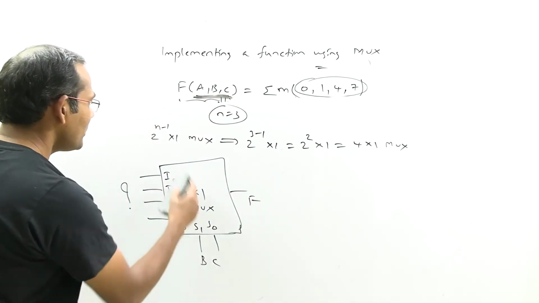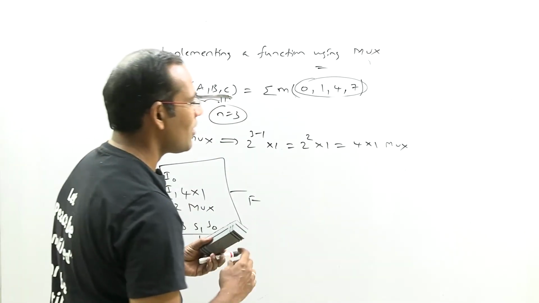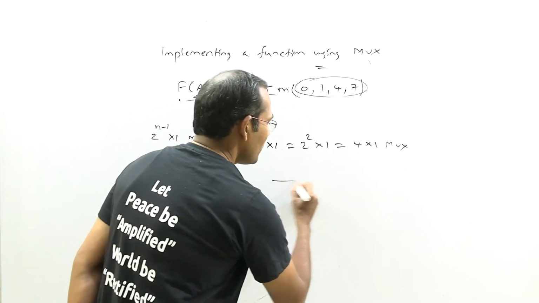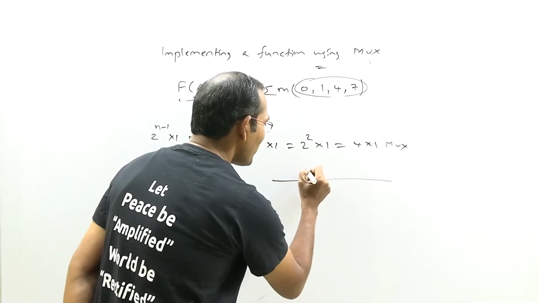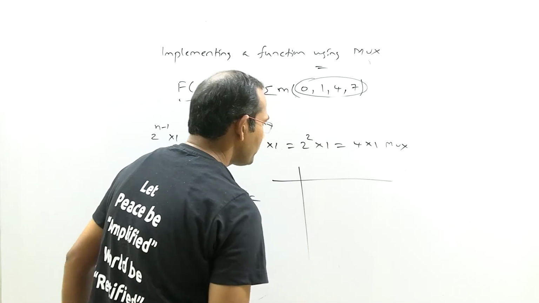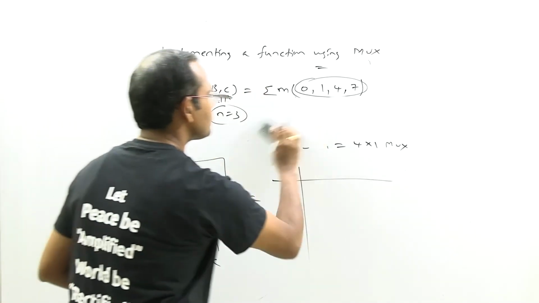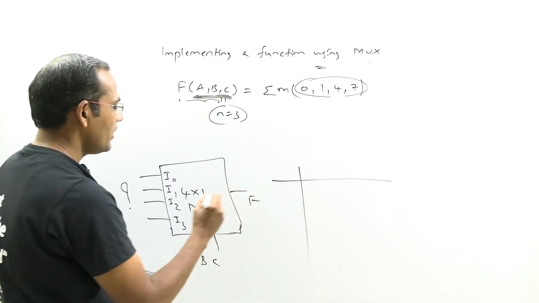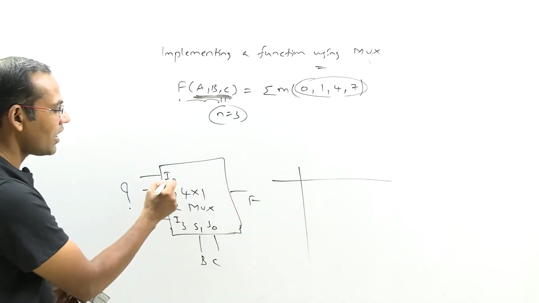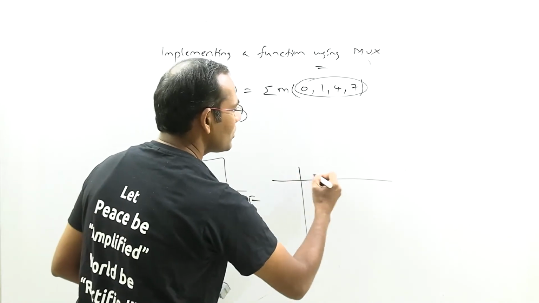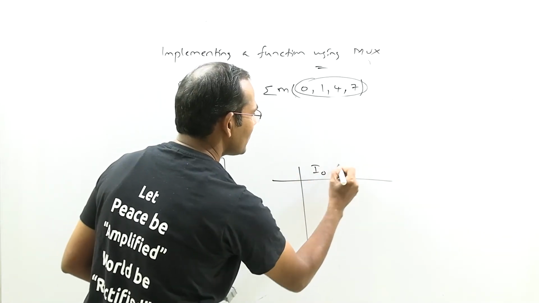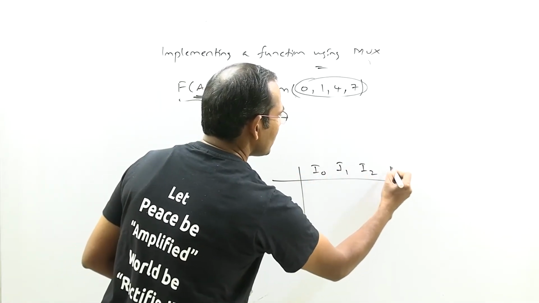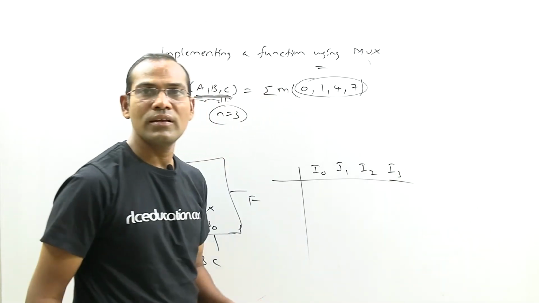To identify the input, one approach is there. We have to form one table here. Here I want to identify I0 to I3, so on this side write the inputs.